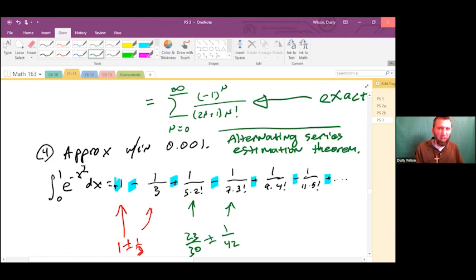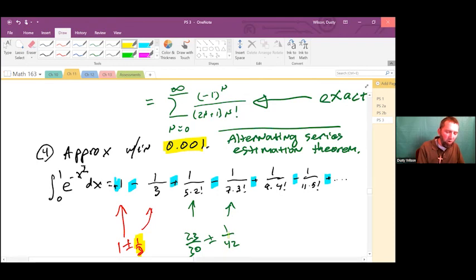Which is in section 11.5, which we sort of didn't cover, but just no extra charge for this, I guess. So when the question says we want to approximate within 0.001, we could look back and compare the error tolerance. If it's 1 plus or minus 1/3, nope, 1/3 is too big.